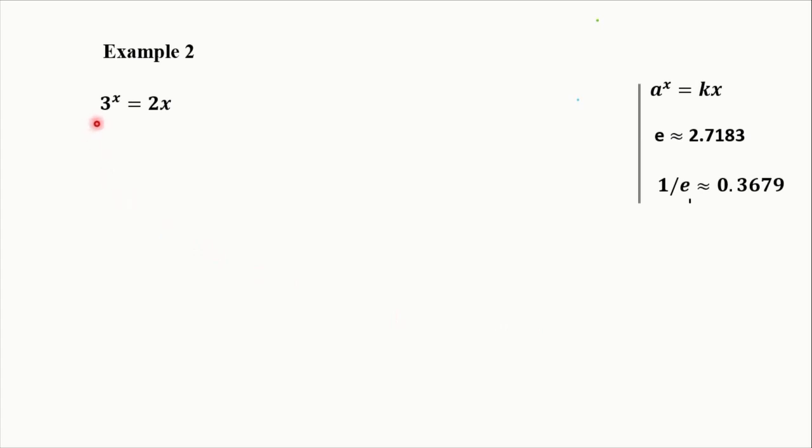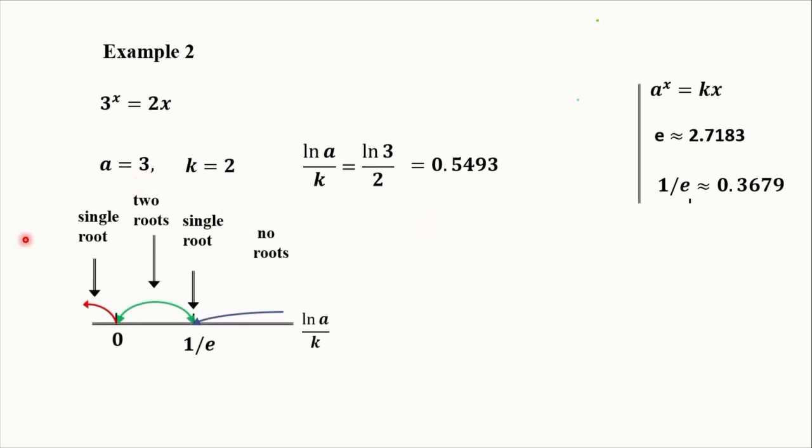In this example, we consider this equation. Comparing it with our initial equation, we see that a equals 3, k equals 2, and the parameter ln a over k is approximately 0.5, and on the diagram this value is to the right of 1 over e, which is approximately 0.4, and in this case this equation has no roots.